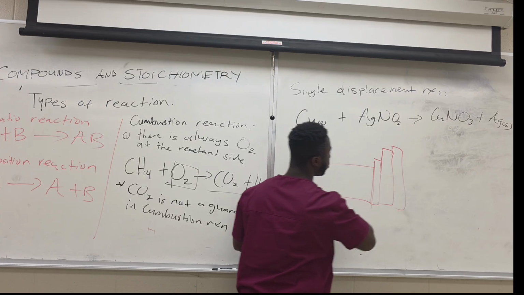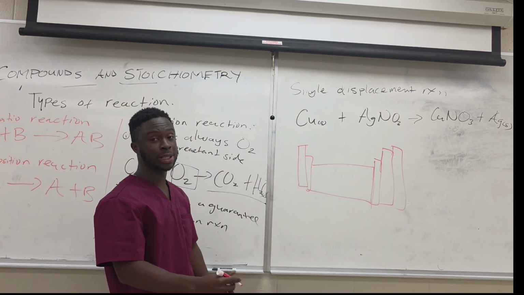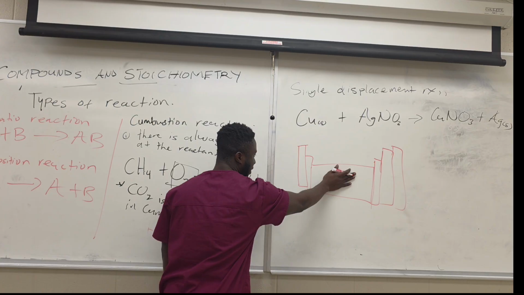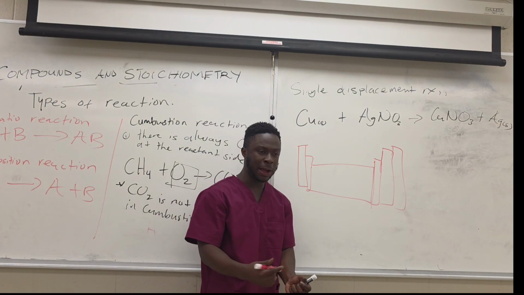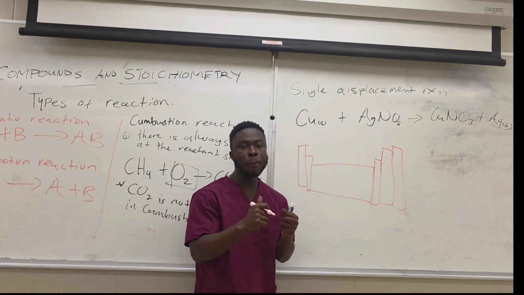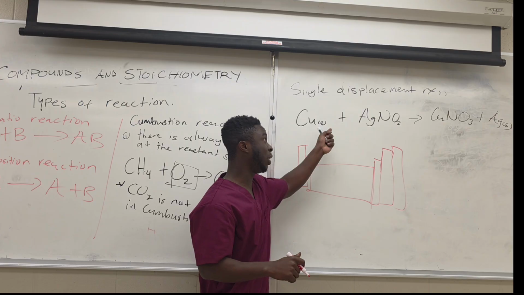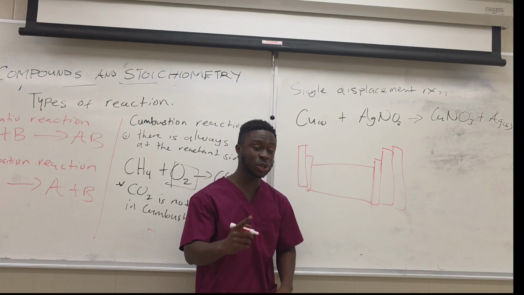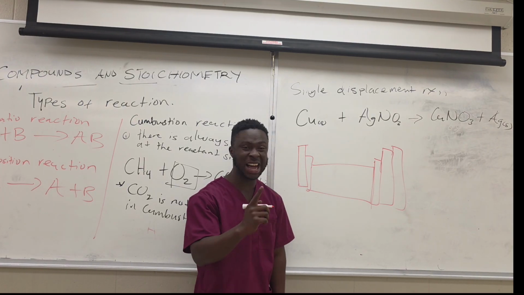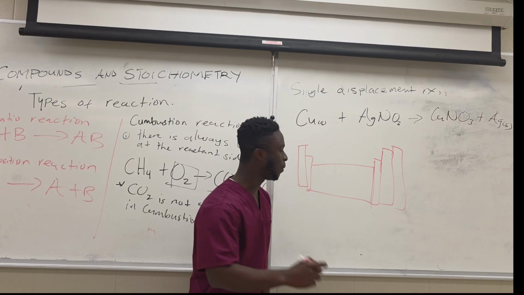right? Now when you take the periodic table like this, the transition metals, this is a rule of thumb to go by when you are dealing with a displacement reaction to see which metal will displace which other metal.